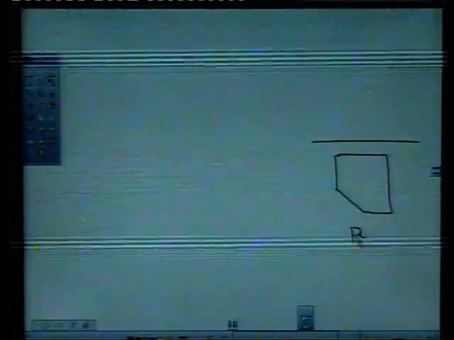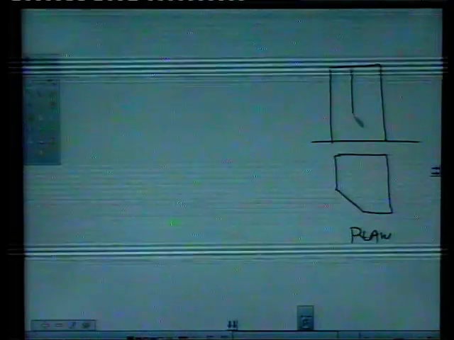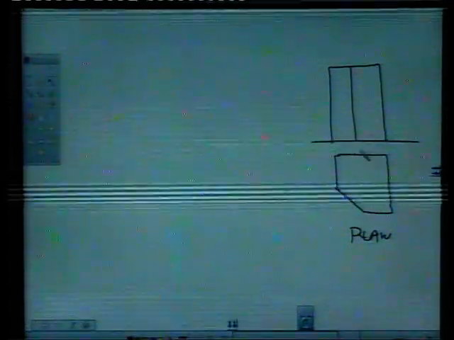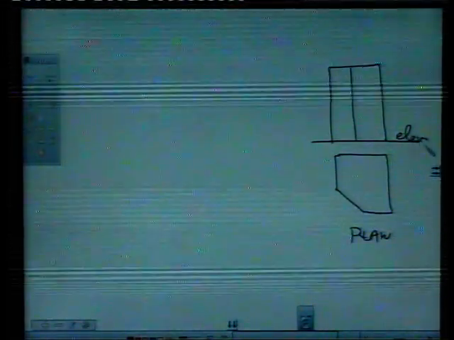Say we have object like this, this is plan, and this is elevation, a chamfered cuboid, elevation and plan.